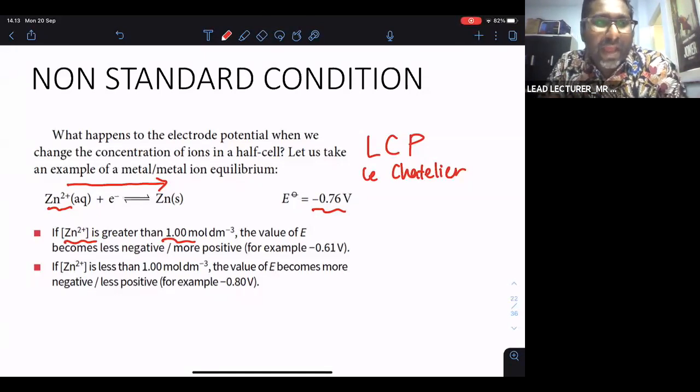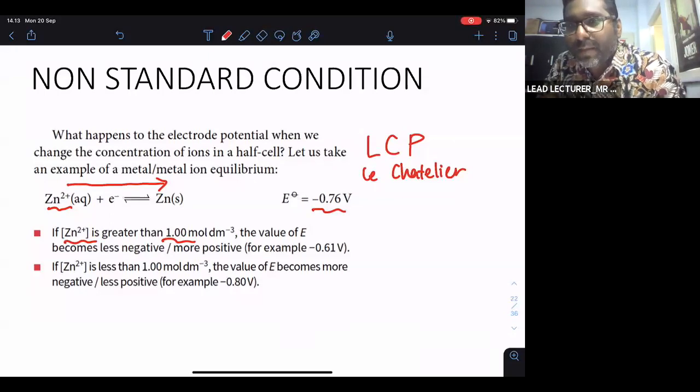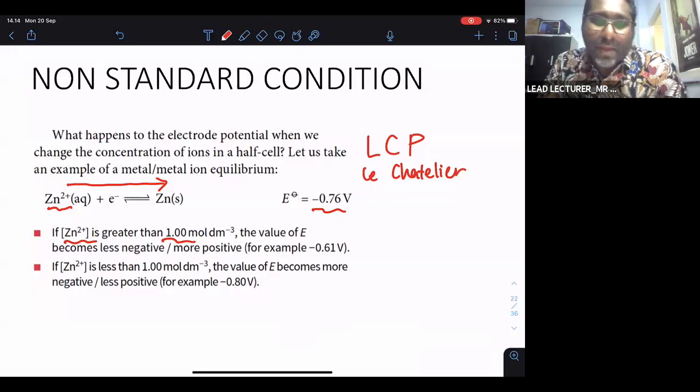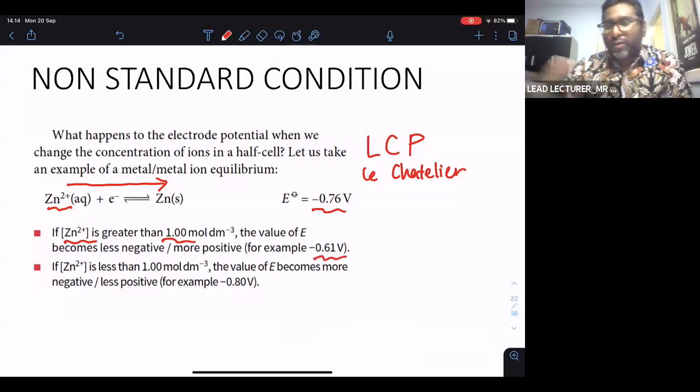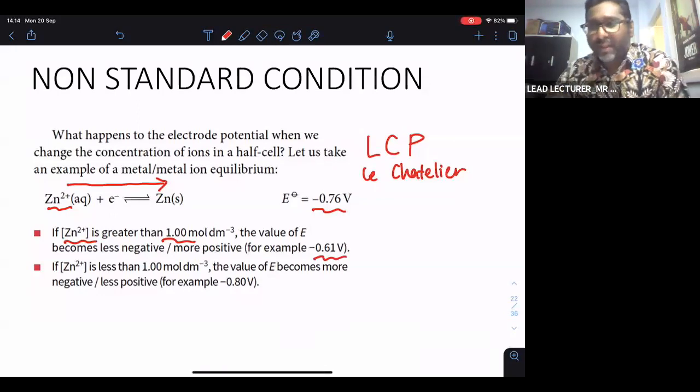So if it is shifted to the right, the E value is supposed to become more positive. So if you have negative 0.76, what do you expect? I expect the value to become maybe negative 0.60, maybe negative 0.5. You can see here, the more to the right, you will become more positive.